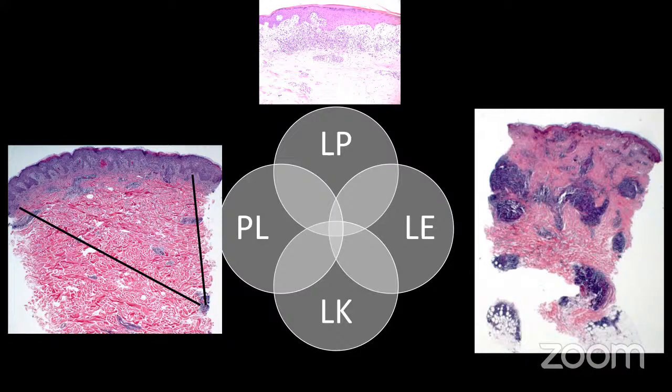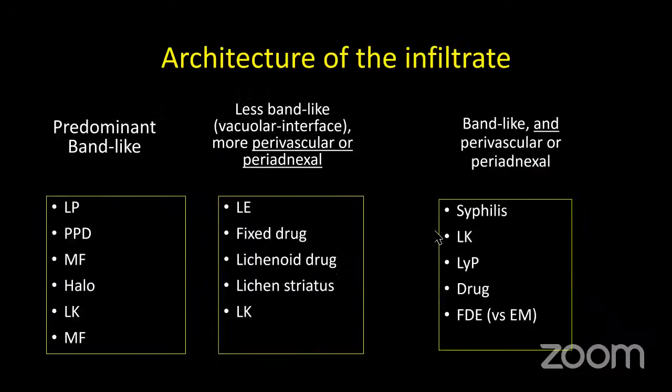As I'm going through this lecture, you're going to get repeats, because I'm going through the approach in terms of how you evaluate the type of interface reaction, as opposed to an encyclopedic run through all the entities, but you'll get some repeats here and there. So again, the architecture of the infiltrate, predominantly band-like: lichen planus, pigmented purpura, MF. MF is rarely a lichenoid tissue reaction or interface dermatitis, but often will have a band-like infiltrate, so this is going to be in the differential.